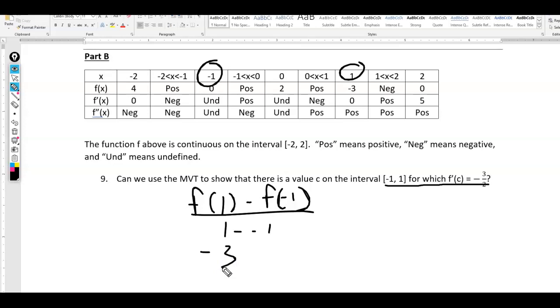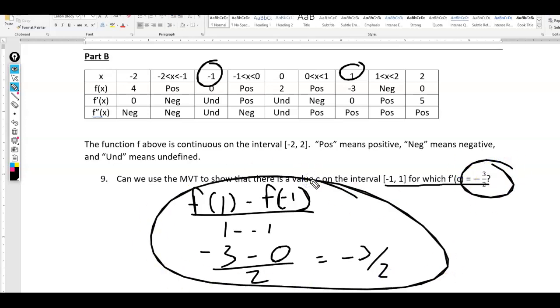Let's see, -3, 0, 2, and we do in fact get -3/2. But even though we do get -3/2 by finding the average rate of change, we can't be sure that there is some value c that will give you that instantaneous rate of change if you plug it into f. We can only know that if the function is continuous, which it is, and if it's differentiable on the interval.